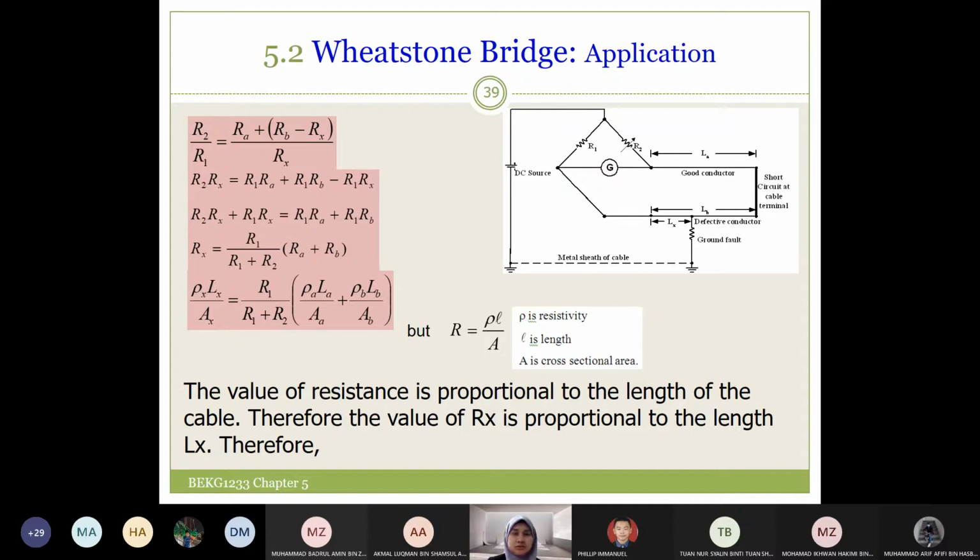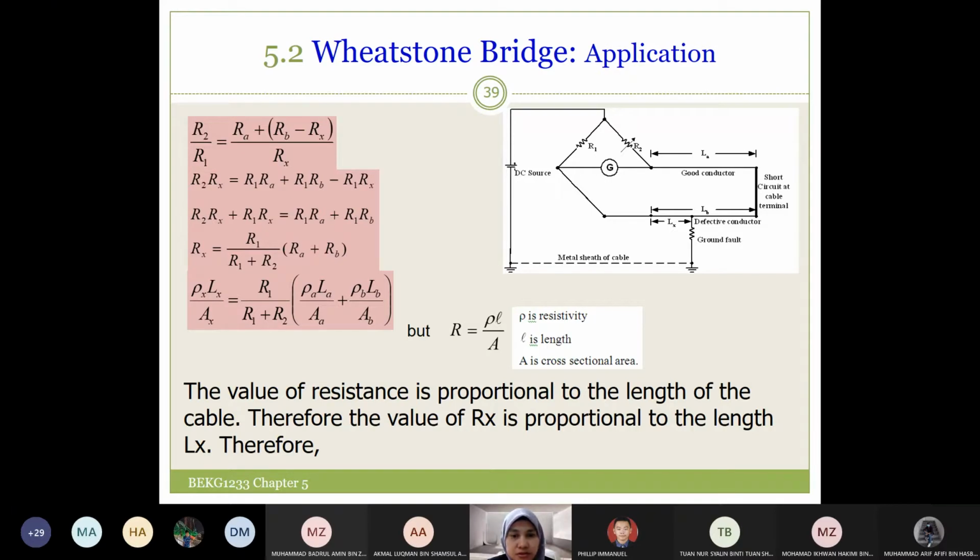So this is the derivation. We know that R is equal to rho L divided with A. So resistance is proportional to the length of the cable.